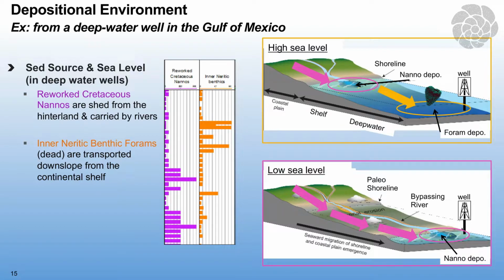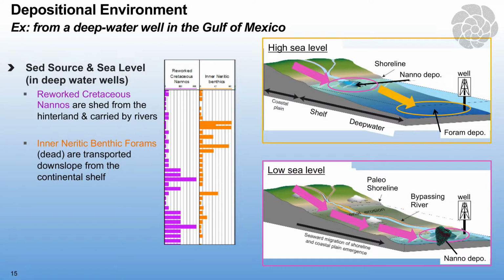And we think this gives us a little bit of an indication about sea level and where our sediment source is coming from, so maybe like river direction. Anyway, the idea would be that if we've got a lot more reworked Cretaceous nannos than inner neritic benthics, we might be seeing lower sea level, where the river is bypassing the shelf and depositing its load closer to our deep water well.